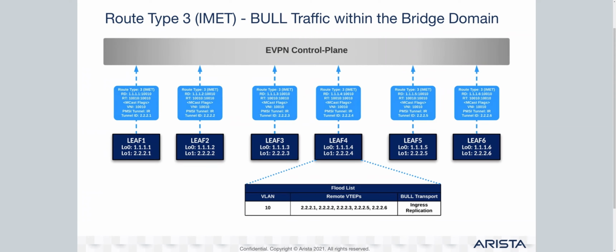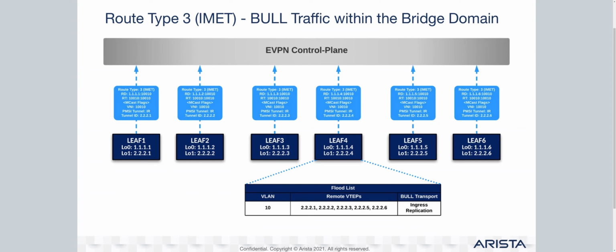We have the route distinguisher associated with the bridge domain, the RT, but now we also have the multicast flags. If we support things like IGMP proxy, we will signal that in the IMET route. And last but not least, we have the tunnel and the tunnel ID indicating that for BUL traffic in this particular bridge domain, we're going to leverage ingress replication. So head-end replication, ingress replication, whatever you want to call it.